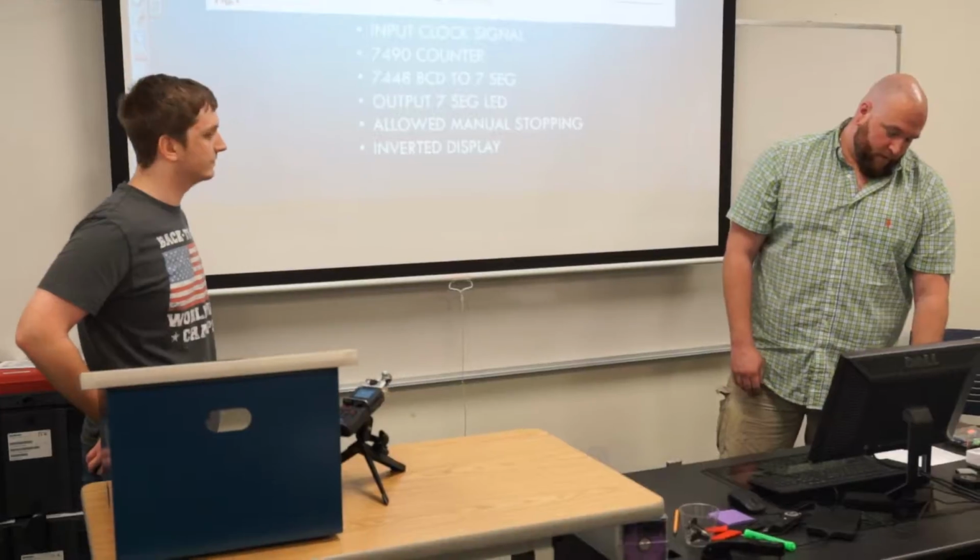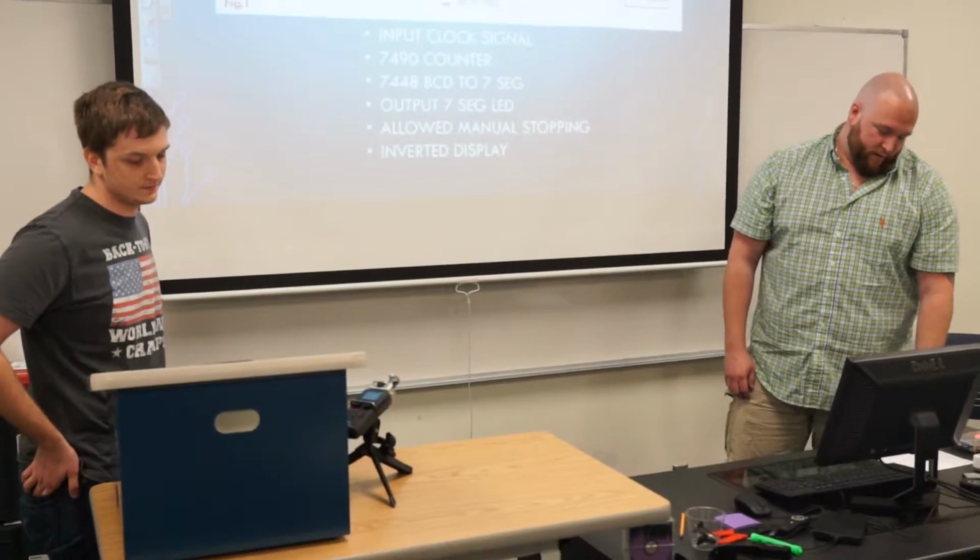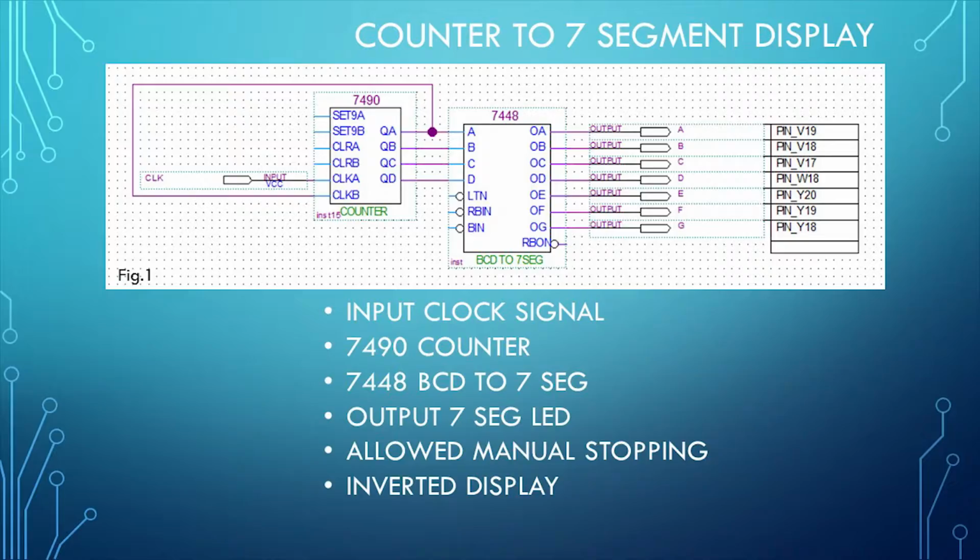In order to solve the problem of random number generation, we implemented the FPGA's clock. We divided down a 32 kilohertz clock and connected it with two up counters, a 74LS90 and a 74LS192 that counts down.